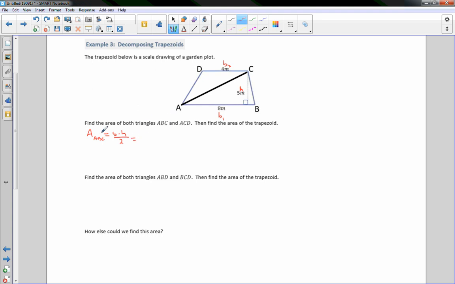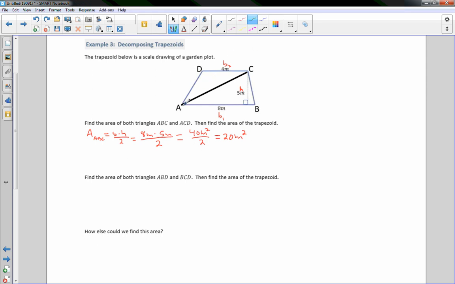The base of ABC is 8 meters. The height of ABC is 5 meters, divided by 2. 5 times 8 is 40 meters squared, divided by 2. So the area of triangle ABC is 20 meters squared.